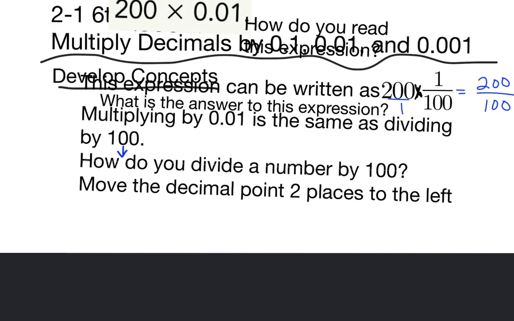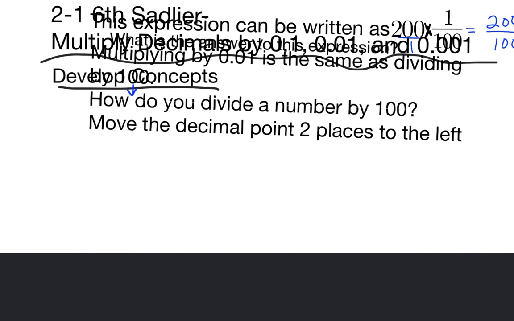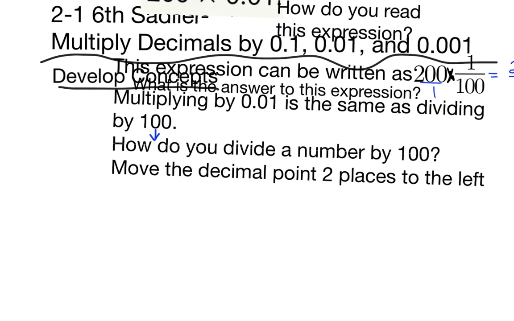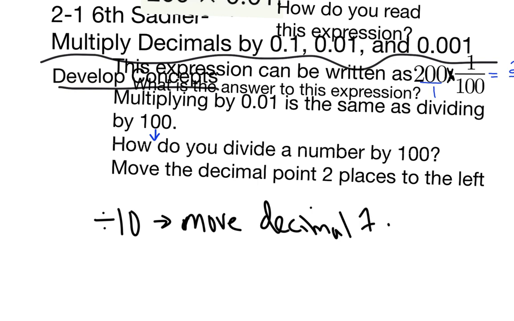And then what happens when you divide by 100, you're going to move the decimal point 2 places to the left. So if you divide by 10, you move the decimal 1 place to the left.